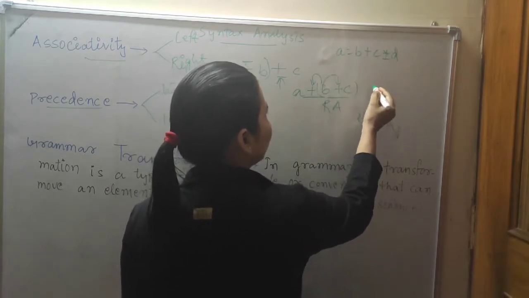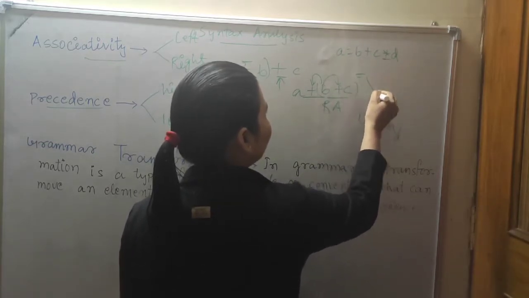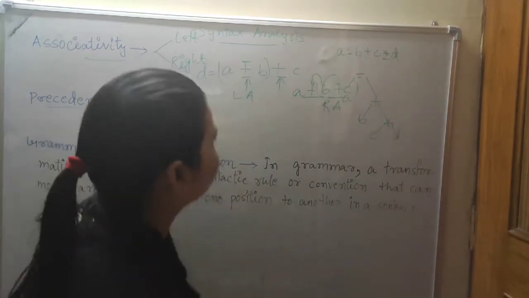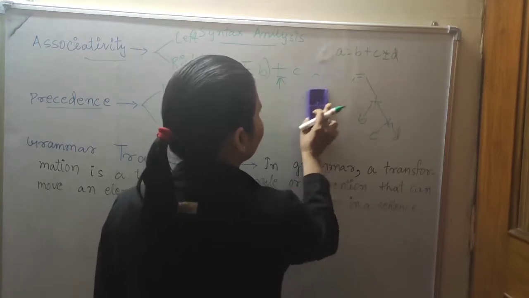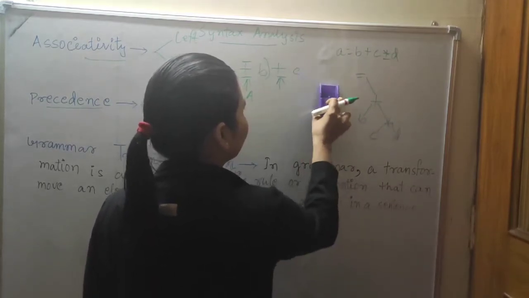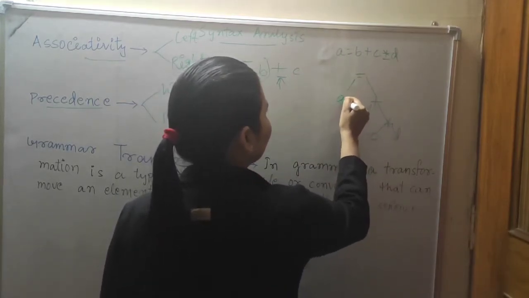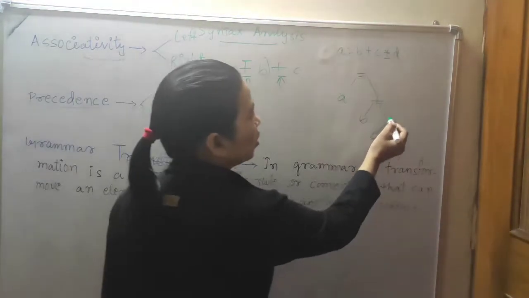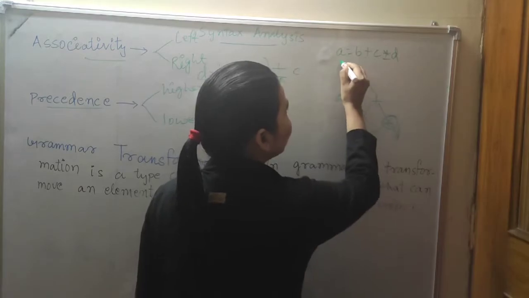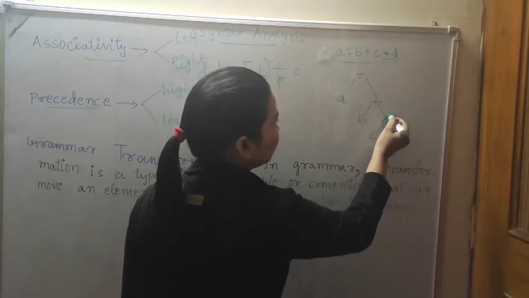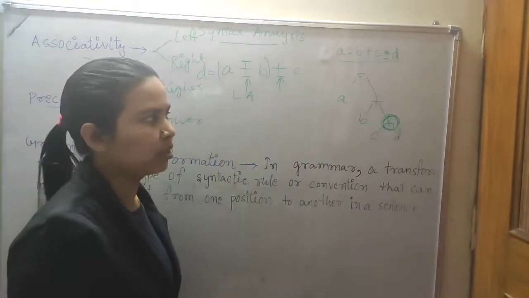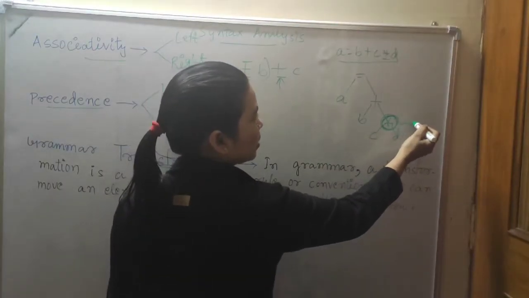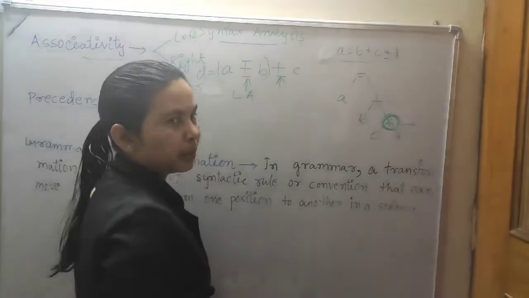A equal to is given, so write down equal to, and on this side write A. This is the production rule. From these production rules, I am solving multiplication last, so it is called the higher precedence. Multiplication has higher precedence, and plus has lower precedence.